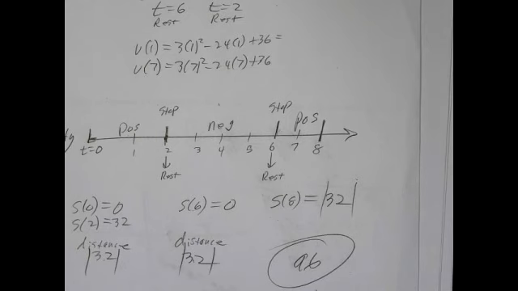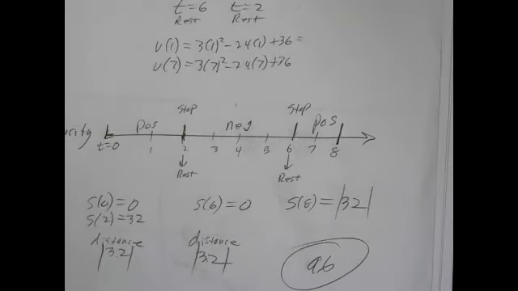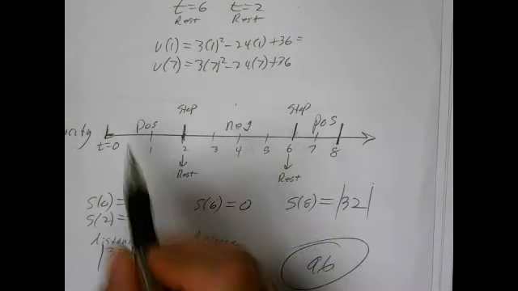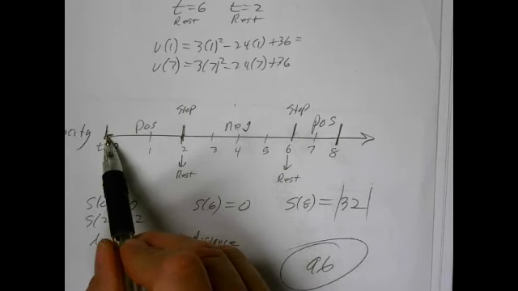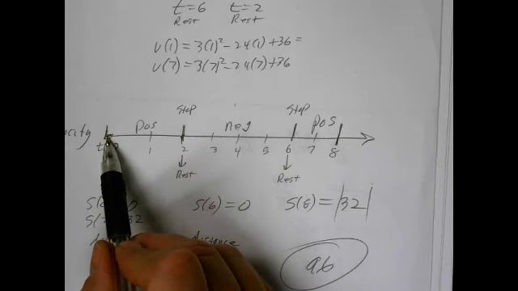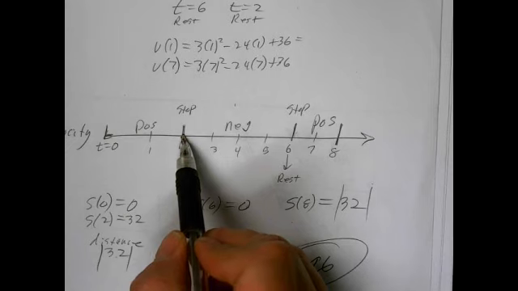And the last thing they want to know is, when is it speeding up and when is it slowing down? And to answer that question, we have to understand what it means for something to speed up and slow down. Here, you notice it started from position 0 and went to position 32.